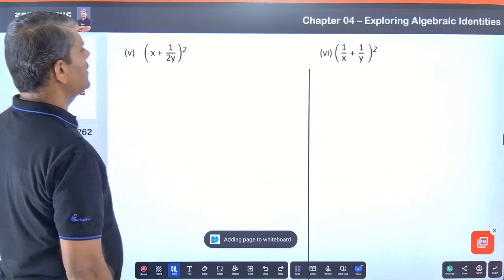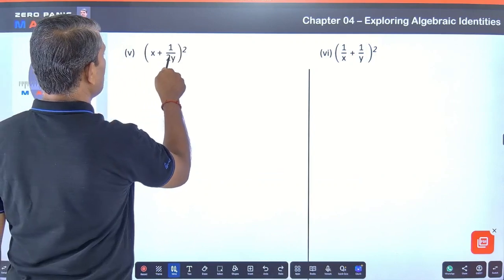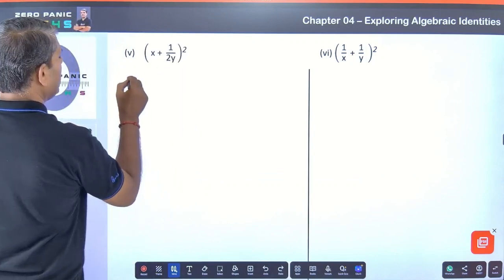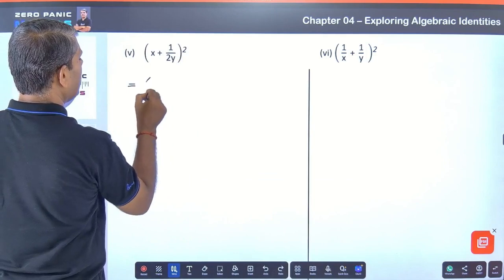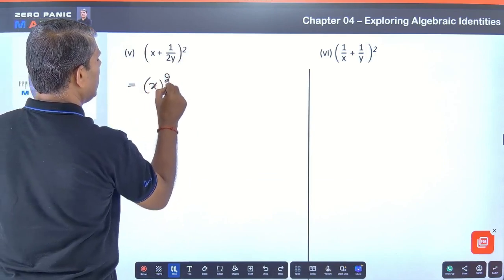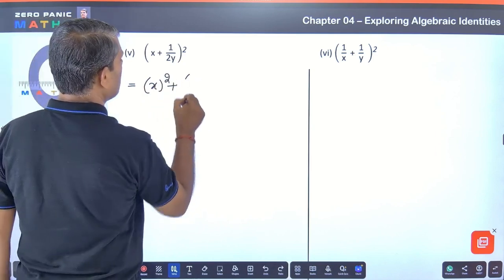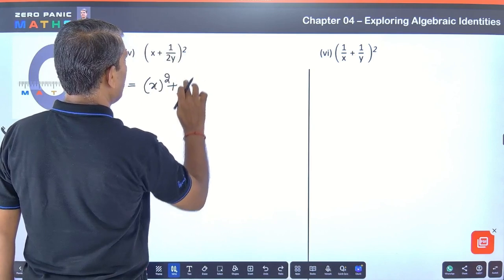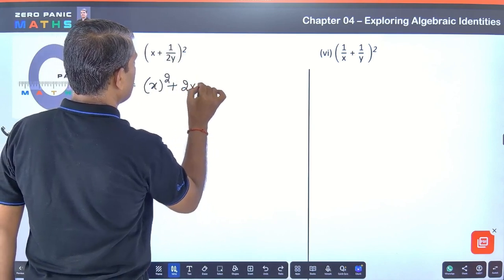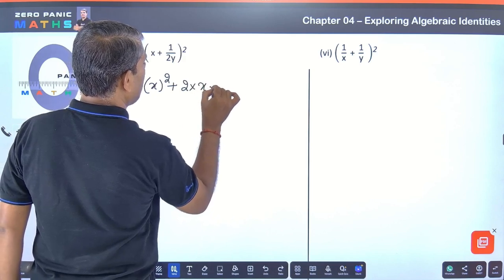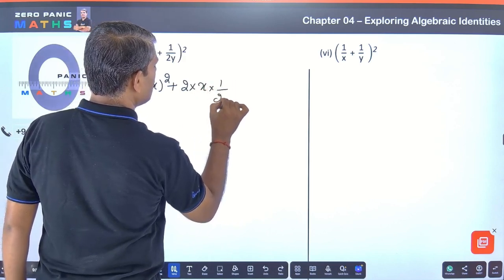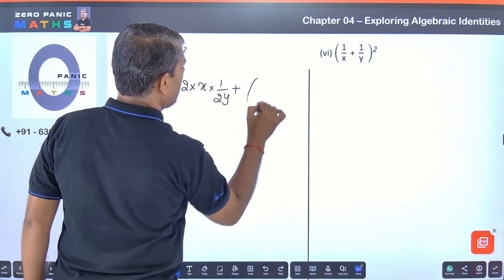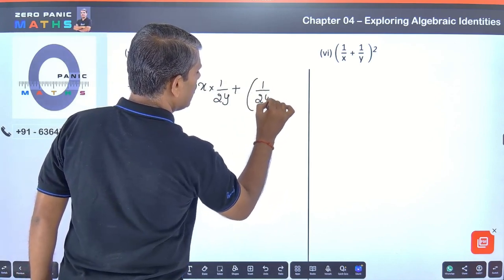Now let us do this for (x plus 1 by 2y) whole square. Here it is x square. I don't have to write whole square, but you can write it because b is 1 by 2y here. Let me write it as 2 into x, into 1 by 2y, plus again (1 by 2y) whole square.